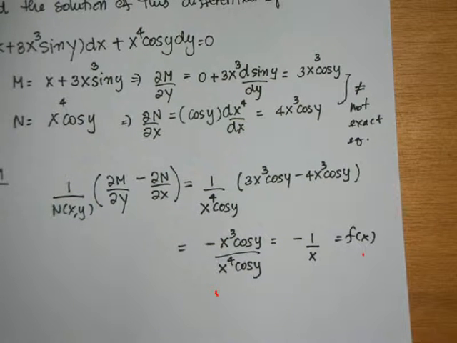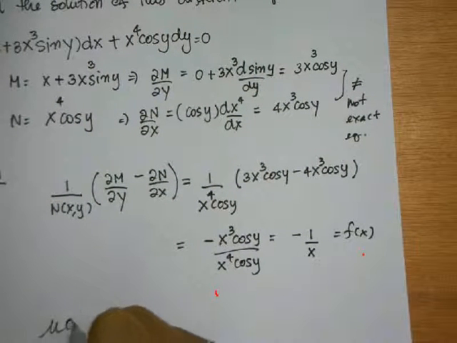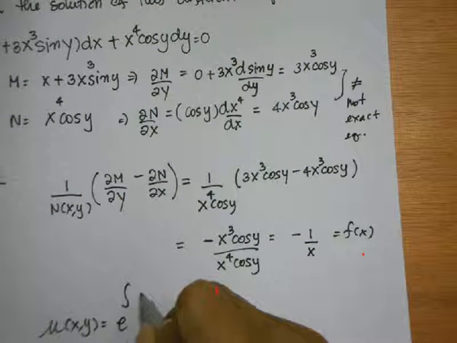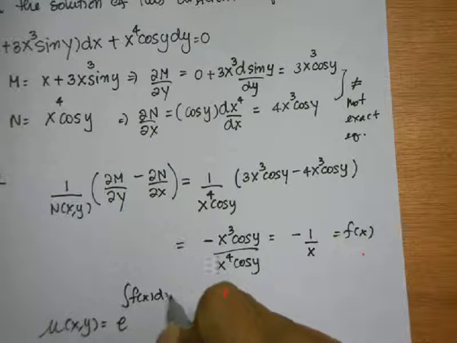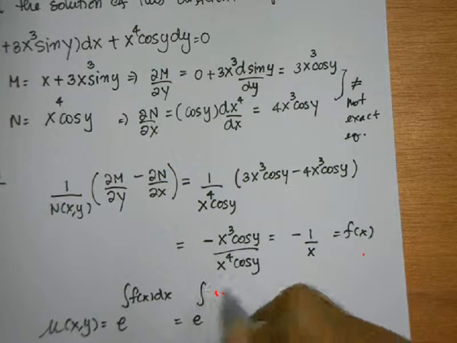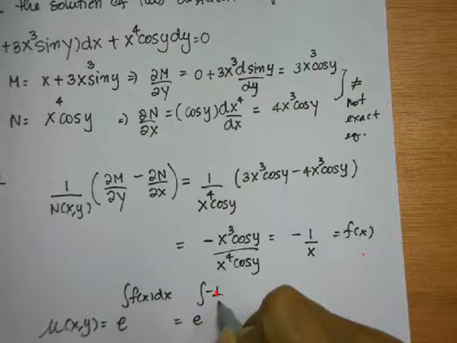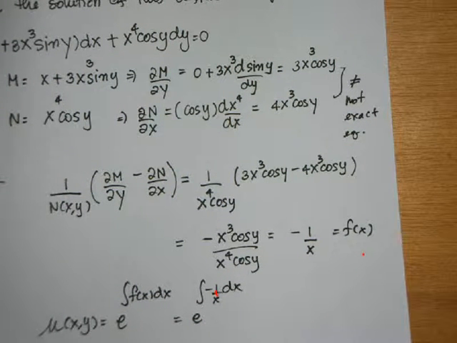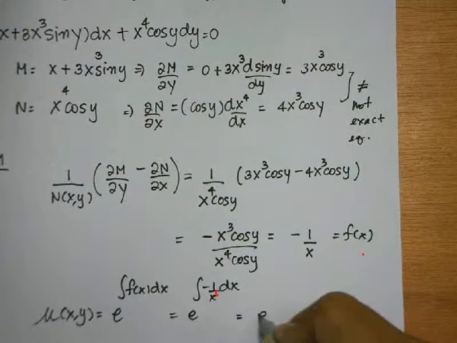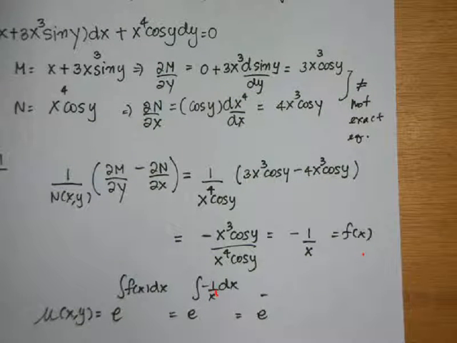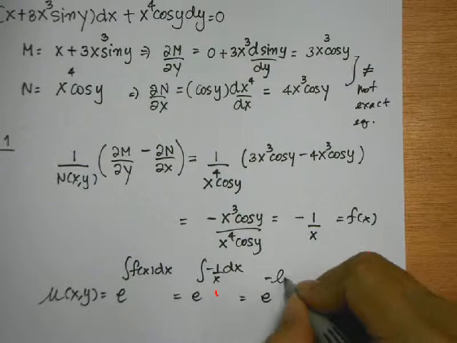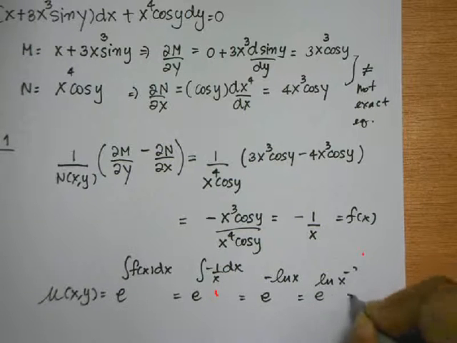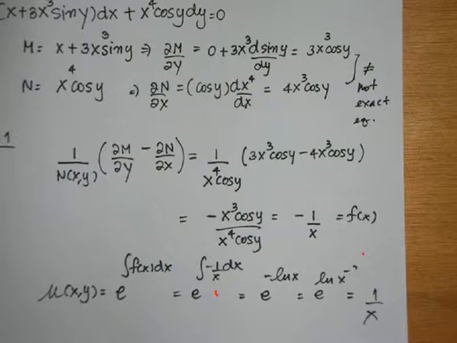So in this case, you can find the integrating factor as the exponential of the integral of f(x) dx, which is equal to the exponential of the integral of minus 1 over x dx, which is equal to negative ln x, right?